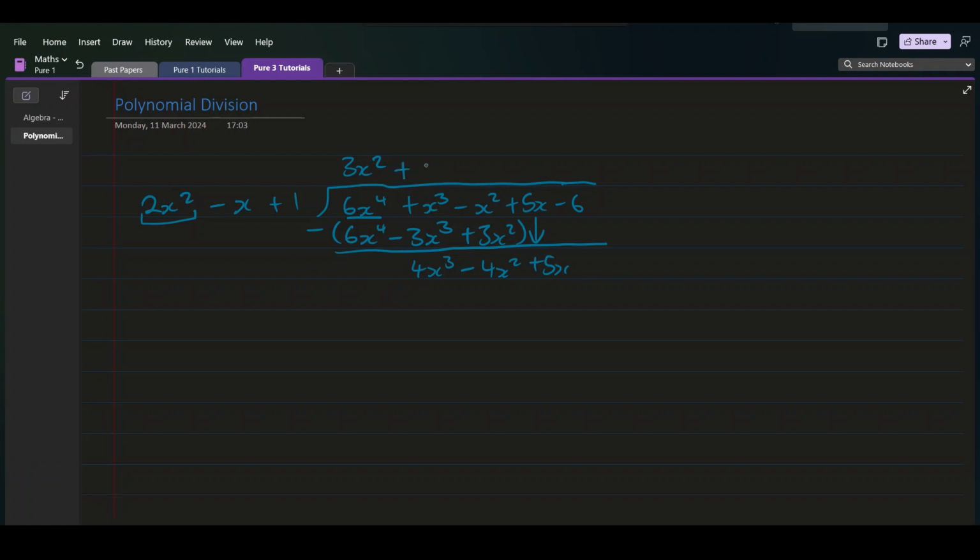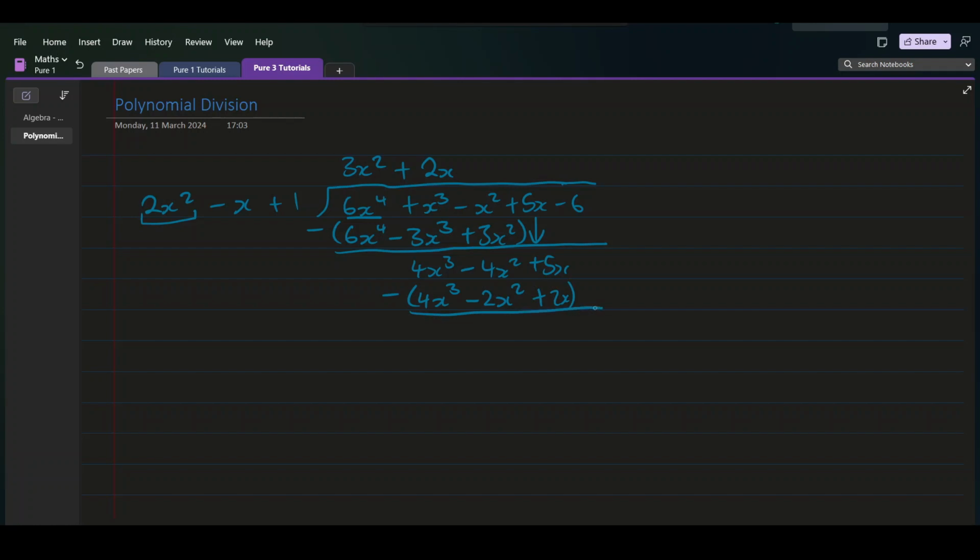So we get plus 2x, and so we multiply the 2x by the divisor, so 2x times 2x squared, that gives us 4x cubed. Then 2x times negative x, that's negative 2x squared. Then 2x times 1, that gives us plus 2x.